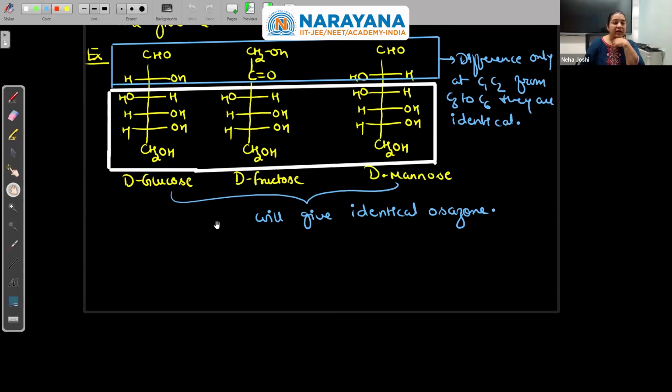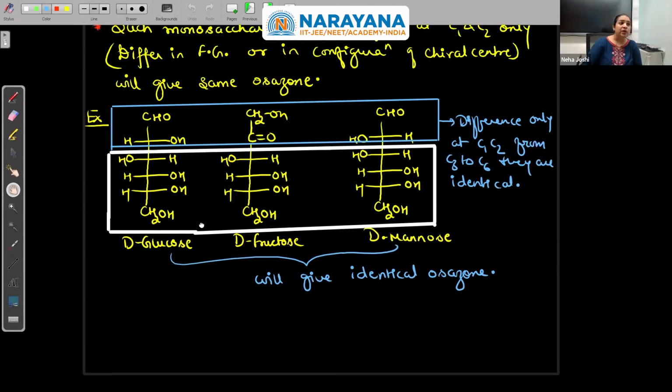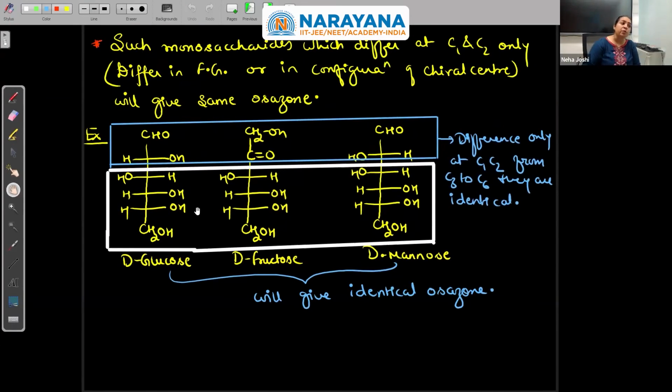Okay. If they are identical, they will have the same melting point, boiling point, and all those properties. So you may be asked which of the following will give osazone which has identical melting point, identical boiling point, indirectly the same osazone. The question can be reframed in terms of their properties also.